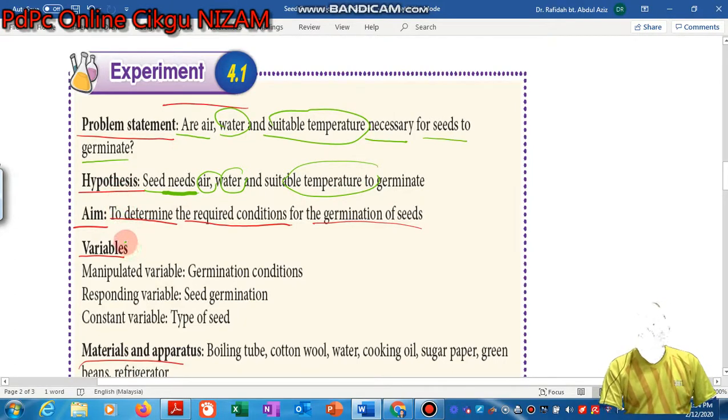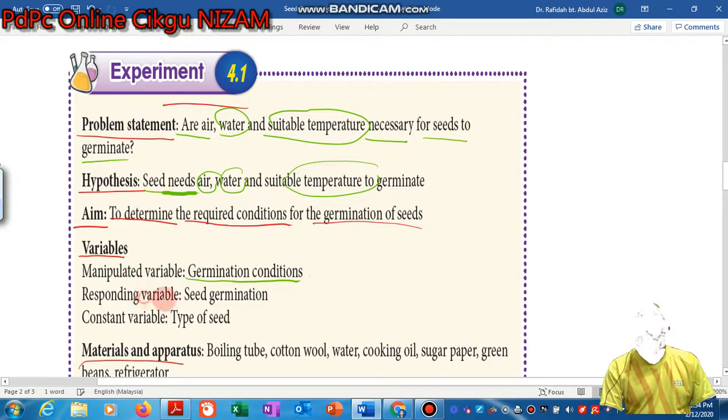Okay, so the aim I have explained to you just now. What is the variable for this experiment? Manipulated variable is germination condition, that is the manipulated variable, whether water, air, or suitable temperature.